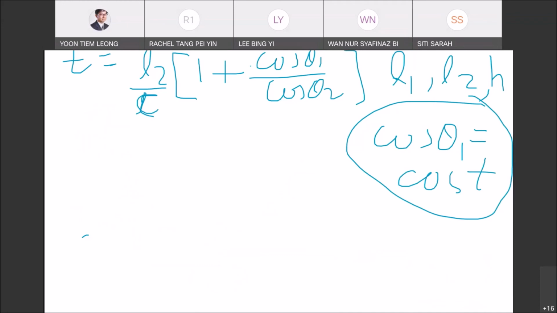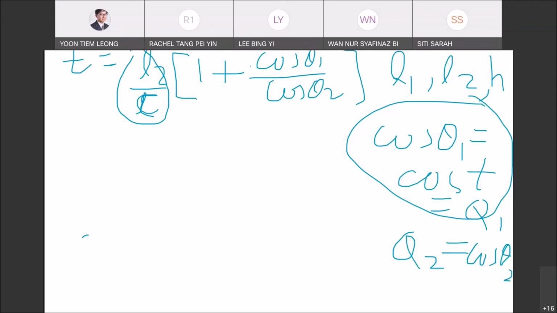So here I assume cos theta 1 is a constant, and I just give it a name. Maybe I call it Q. So I have L1, L2 constants. I call this Q1, which is constant, and I call Q2 to be cos theta 2.